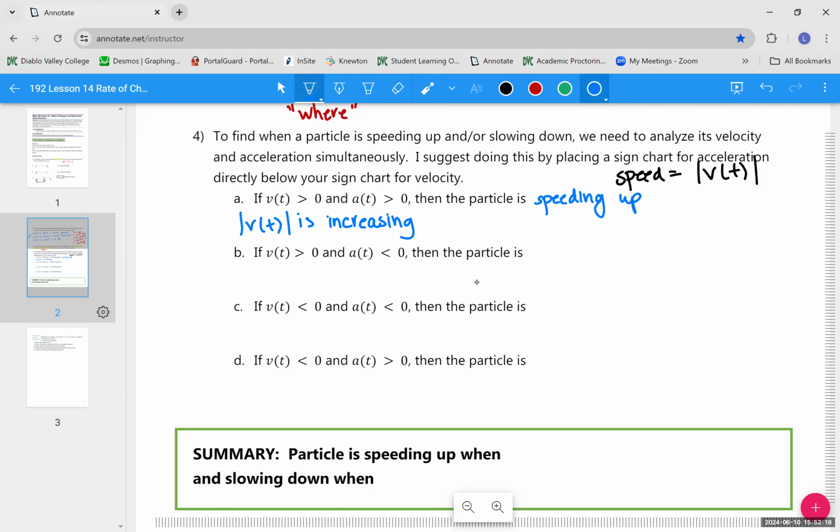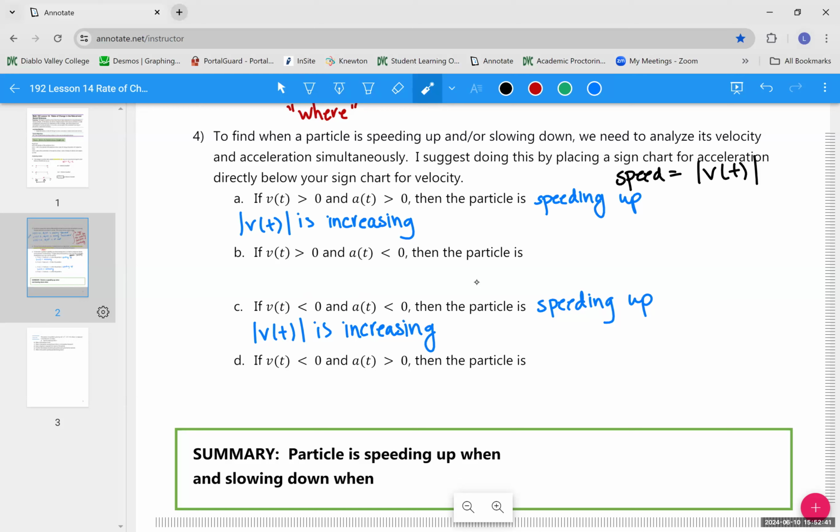So what's happening to its absolute value? It's increasing. So that means that the particle is also speeding up. So see, it's possible to have a particle speeding up when there is a negative acceleration. The velocity has to also be negative.